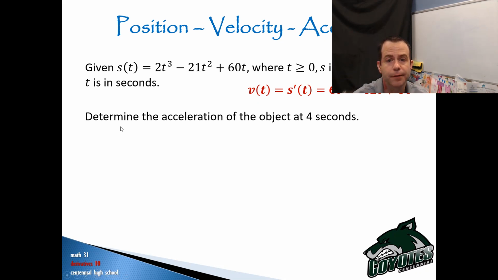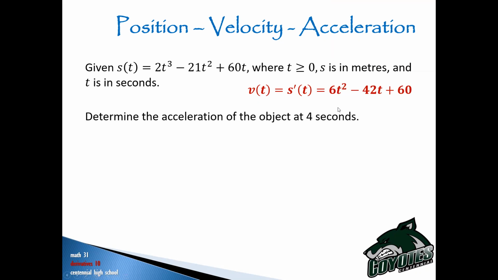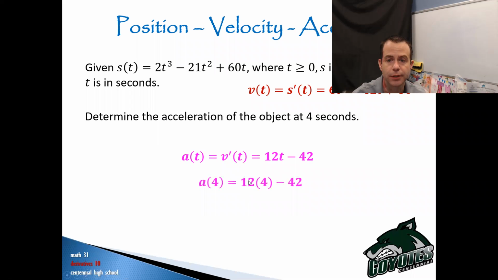So if I took the derivative of v of t, that would be 12t minus 42. Because it's at 4 seconds, I just plug in 4. So I get 48 minus 42, so 6 meters per second squared. The acceleration at 4 seconds is 6 meters per second squared.